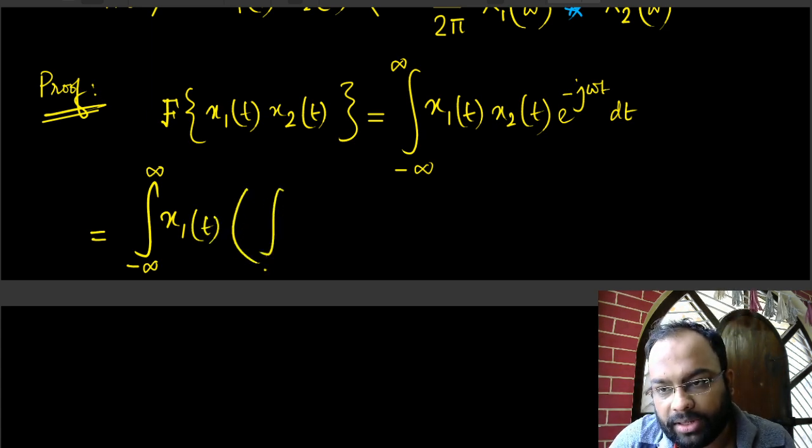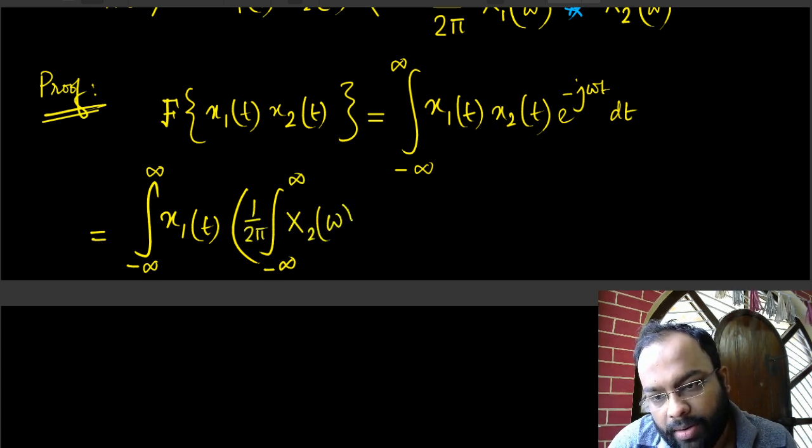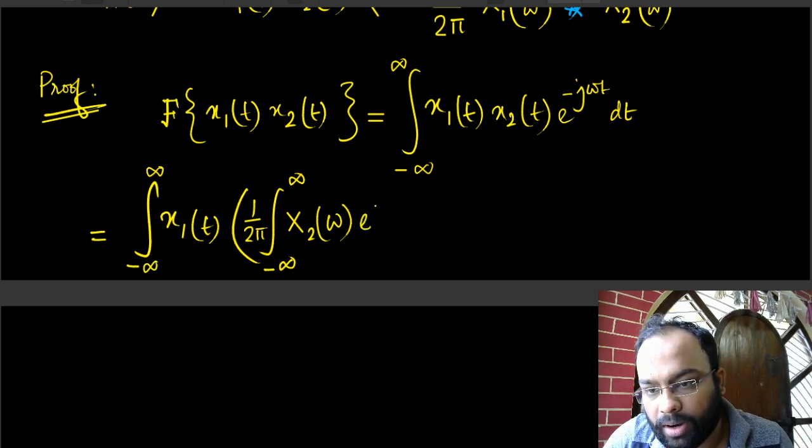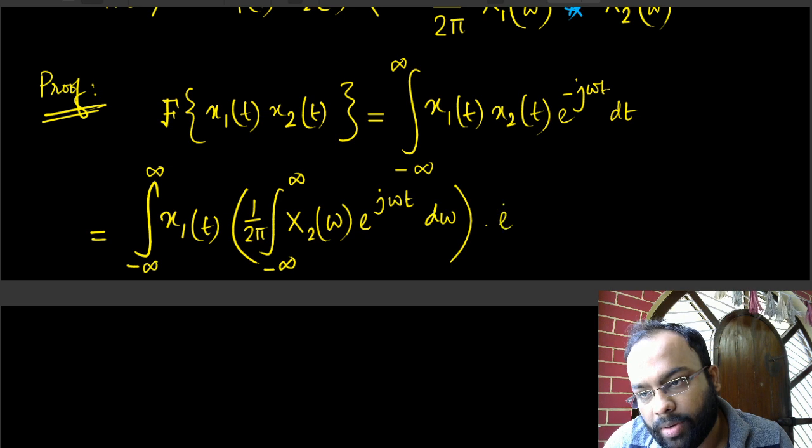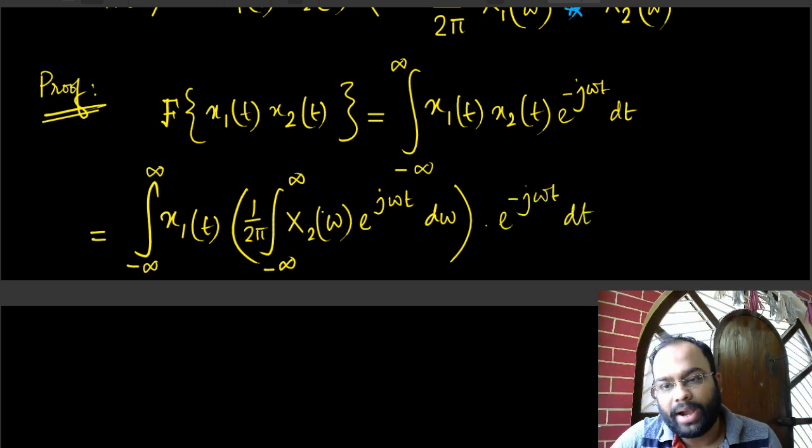Okay, we have another integration here, 1 by 2 pi, X2(omega) e to the power j omega t d omega, and then e to the power minus j omega t dt. All right, that's the definition of the inverse Fourier transform, right? All of you know that, right?